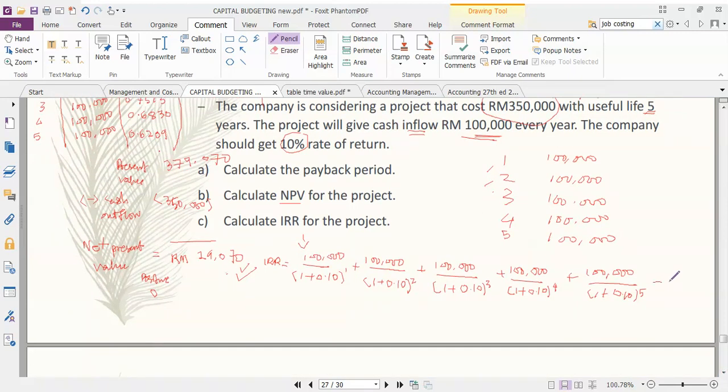After that, you will minus 350,000. But first, please calculate for me what is the figure when 100,000 is divided by 1 plus 0.10 to the power of 1. How much?